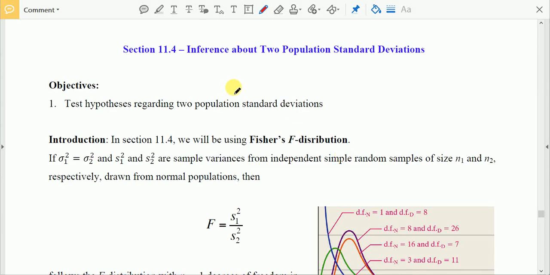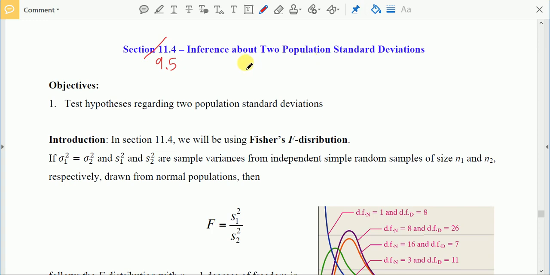In this video, we will learn about the last section of chapter 9 of the textbook, which is 9.5, the inference about the two population standard deviations. In the last video, we talked about section 9.3, the inference about the two population means, with independent samples.